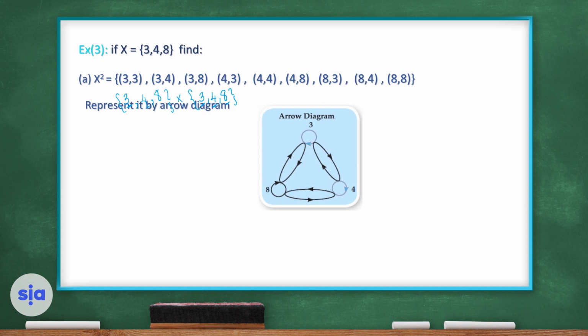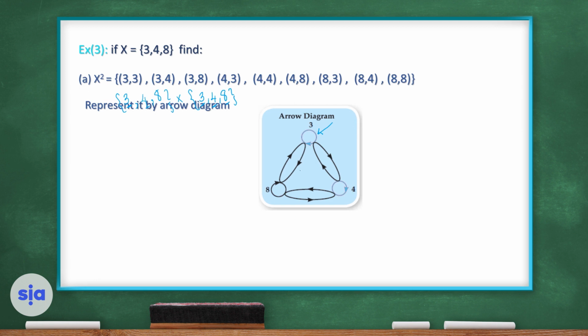Here's the arrow diagram. What does this mean? A circle under this 3 means that the 3 is going to 3. So here, (3, 3), (3, 4), (3, 8).